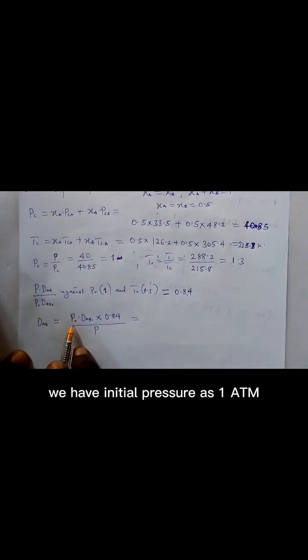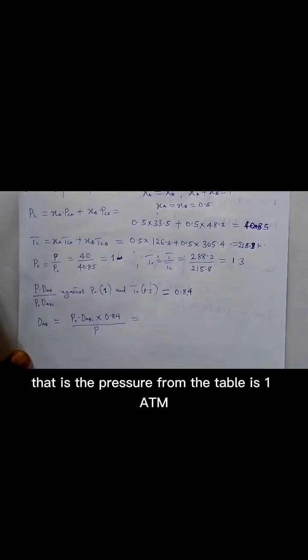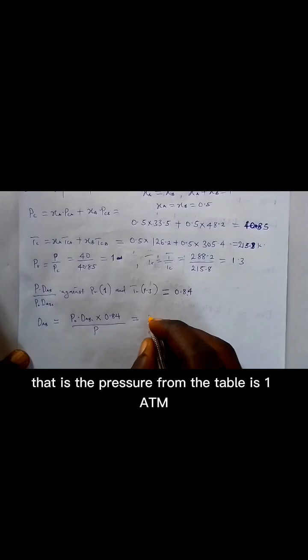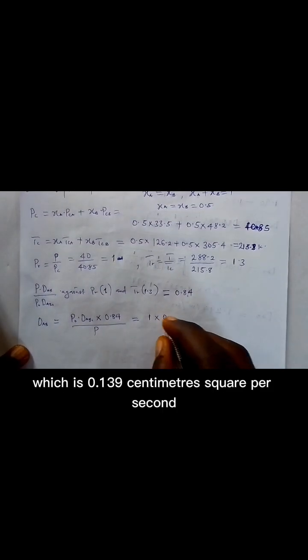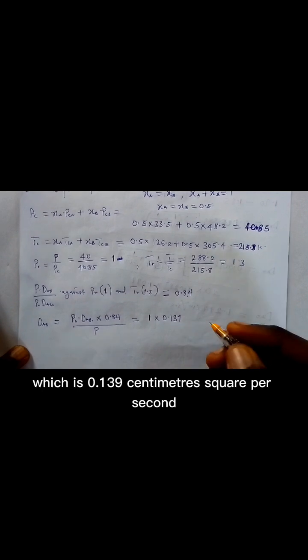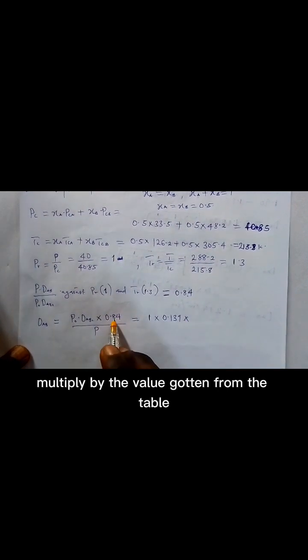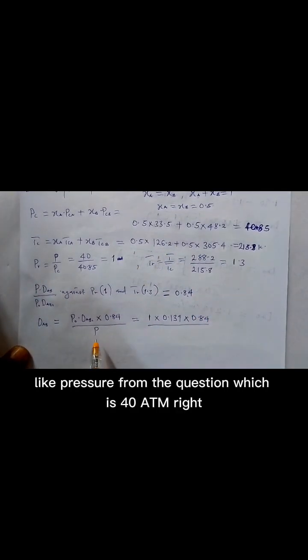We have the initial pressure as 1 atm, multiplied by the initial diffusivity, that is, the diffusivity at the temperature of 288.2, which is 0.139 centimeters squared per second, multiplied by the value from the chart, 0.84, divided by the final pressure from the equation, which is 40 atm.